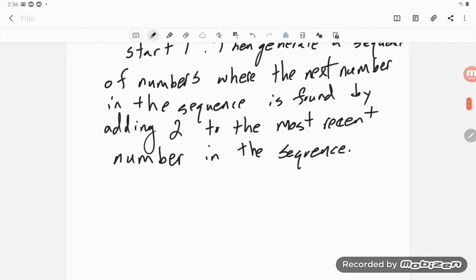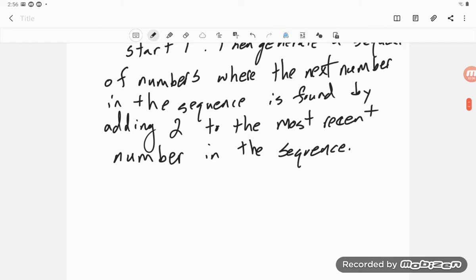Something much quicker would be if I thought of it as a function of n, where n is the place in the sequence. I could start with 1, or 0, or heck, I could start with -32 if I wanted to, but let's start with 1 in this case.